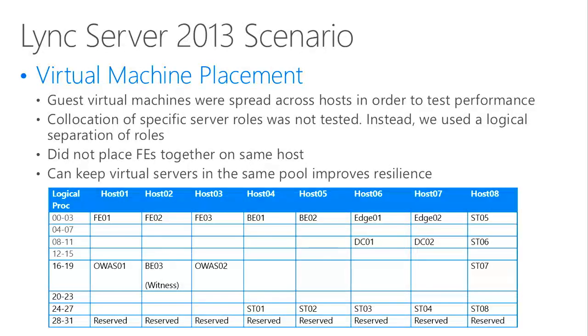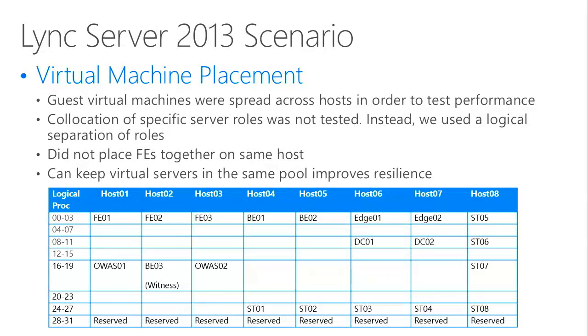You can see here that I'm keeping the virtual servers in the same pool. Keeping them close together in the same pool, from a rack host perspective, is going to give you more resilience and performance-wise. It's something to think about down onto the physical layer. You can see how we've broken up the logical processes across the physical hosts.